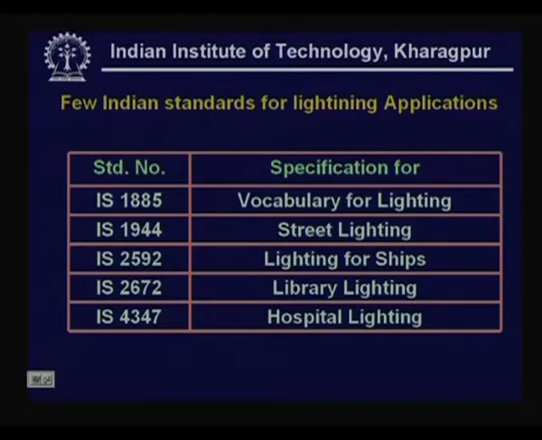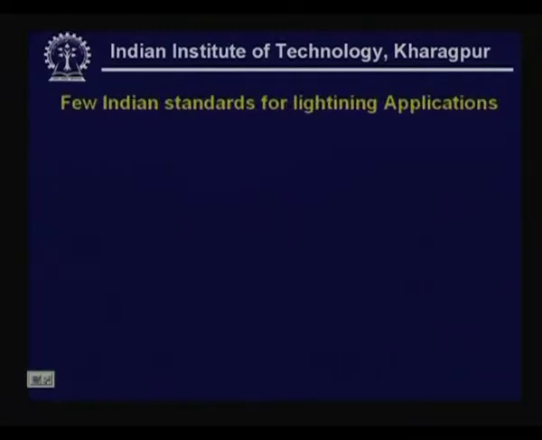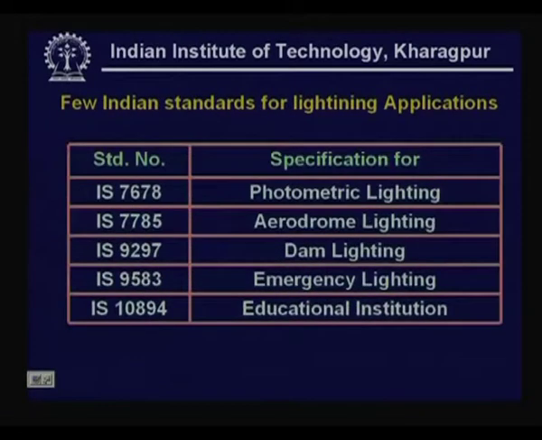Patients require low lighting to be able to relax, whereas the technicians and doctors require higher levels. IS 4347 gives the recommendations for hospital lighting. Continuing with the recommendations, the lighting photometric standards are covered in 7678.